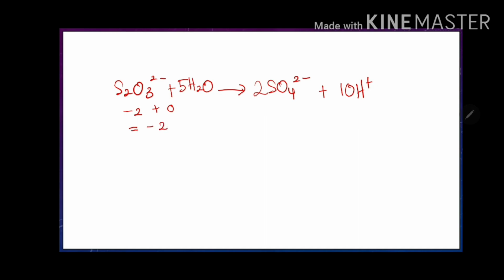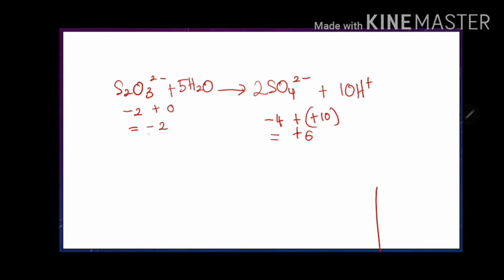On the right is 2 times -2, so it is -4, plus for this species, there is 10 H plus ions, so it is +10. So the total is +6.